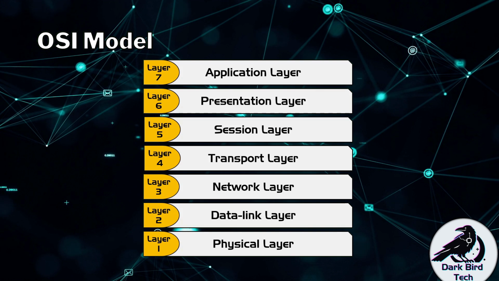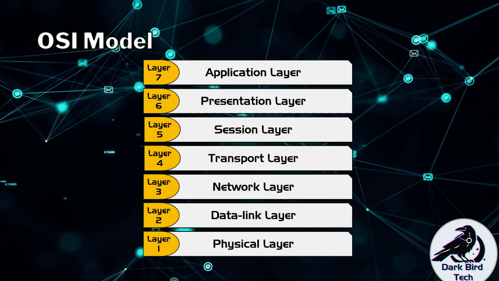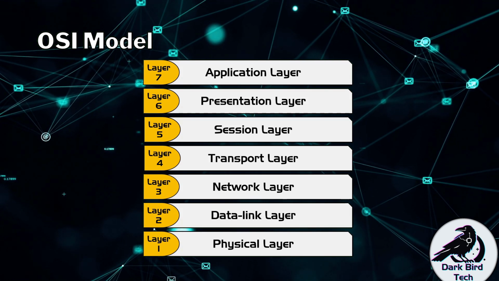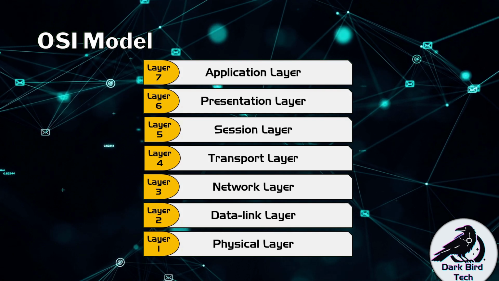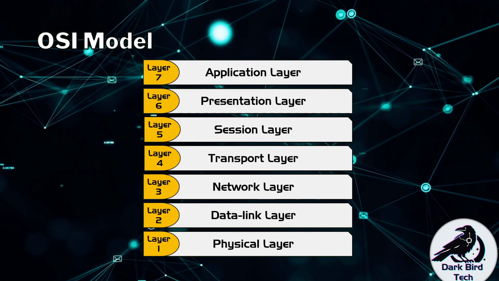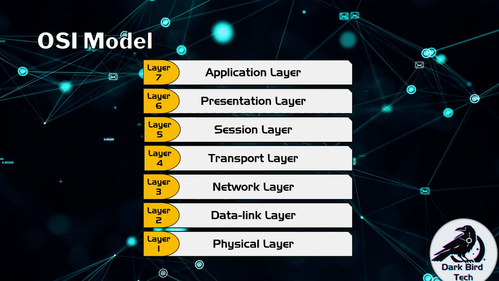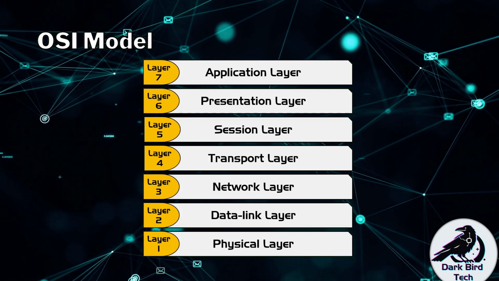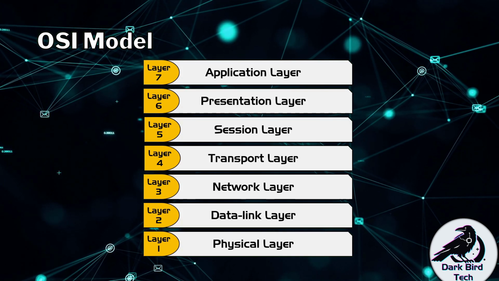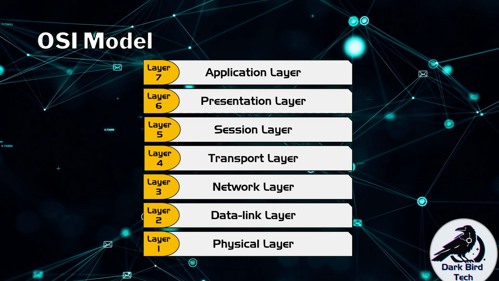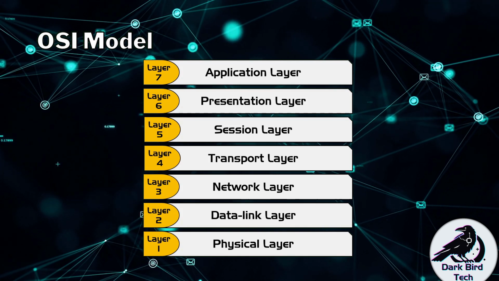Let's say I go down to layer 5 then. Do I carry on testing the session layer or do I move down to the transport layer because things are not working? And eventually when I get to the transport layer, still things are not working. Do I go down or not? Only when I go back down to layer 3 and things start working, I'm like, oh, okay. Probably at layer 4 is where the problem's at.